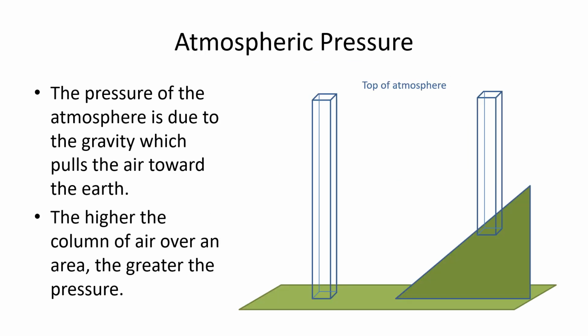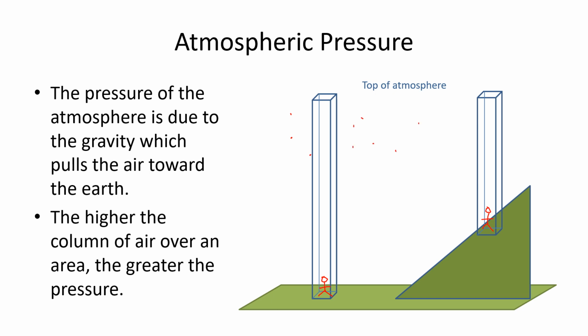Air pressure decreases as you go higher up in the atmosphere due to there being a shorter column of air above us pushing down on top of us. If you go up on a mountain, you can also think of it in terms of concentration.